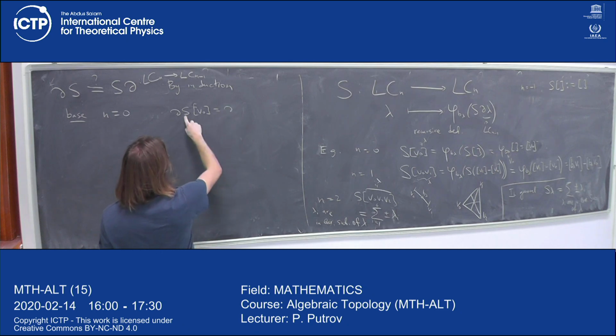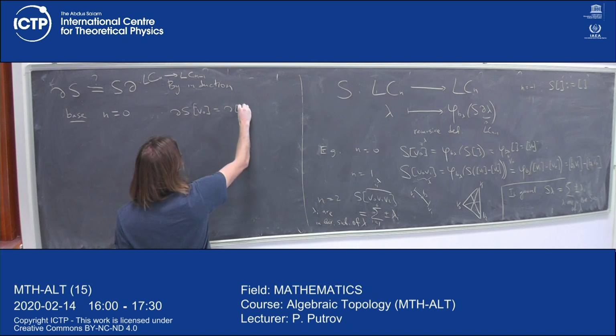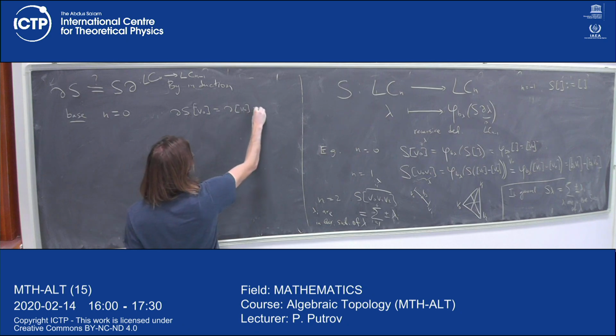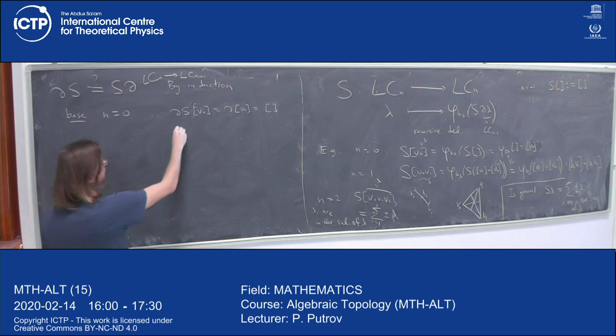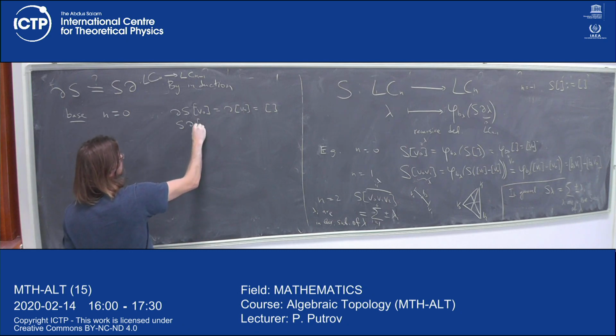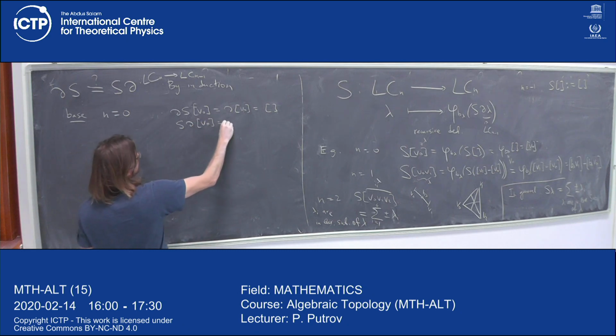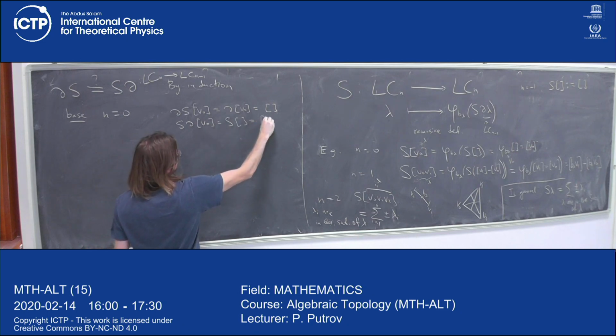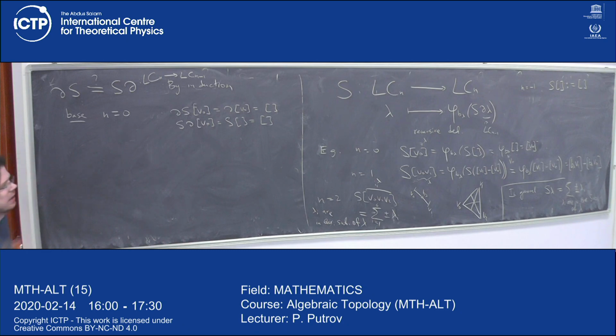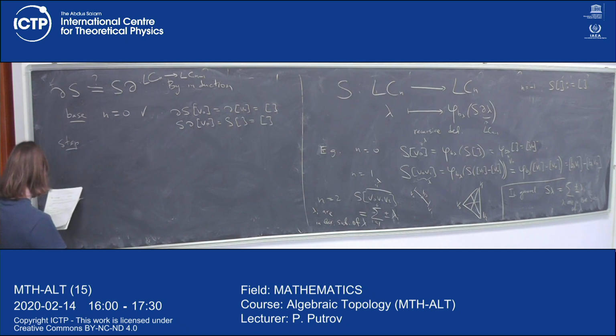We know that S acts as identity in this case, and d gives me an empty sequence. If I do it the other way around, S acts on empty, and this is also the same as empty. Okay, so the base of induction is checked. Another step, we do the following.